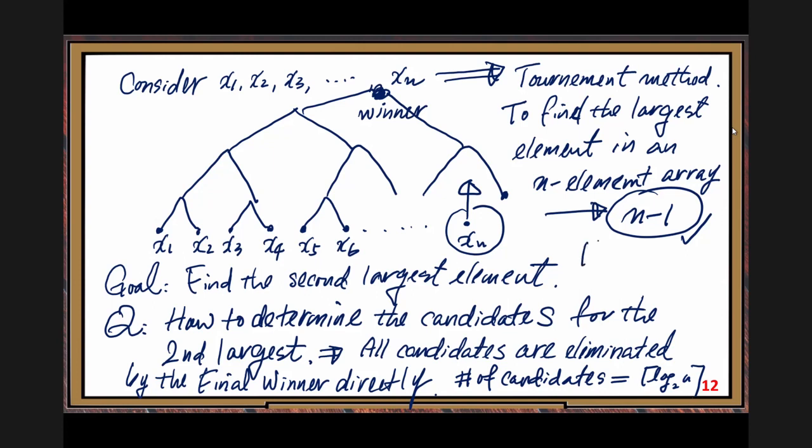That's this number minus 1, but that's the second round. You need to add n minus 1 for the largest. So the total is n plus the ceiling of log base 2 of n minus 2. That's the formula. That's how we find the second largest.